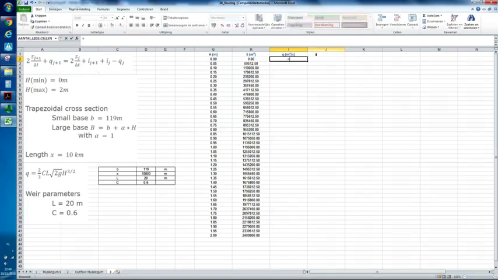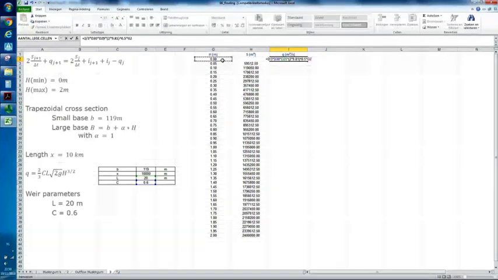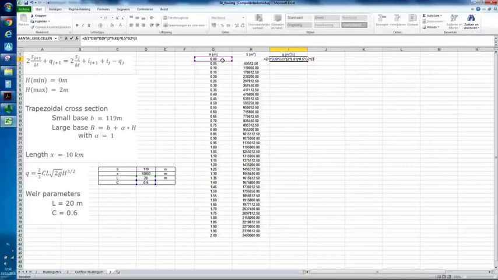So it will be equal to 2 over 3 multiplied with C multiplied with L, and then multiplied with, in this case I will say 2 multiply with 9.81 to the power 0.5, and then we multiply with our water level above the weir crest to the power 3 divided by 2, like this.